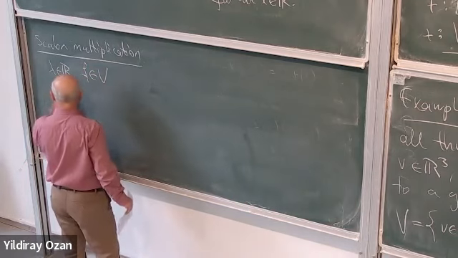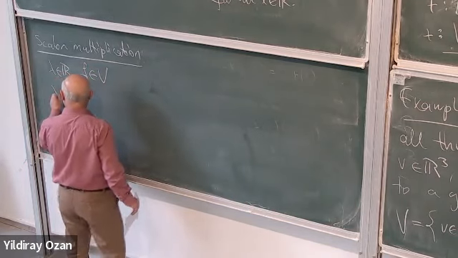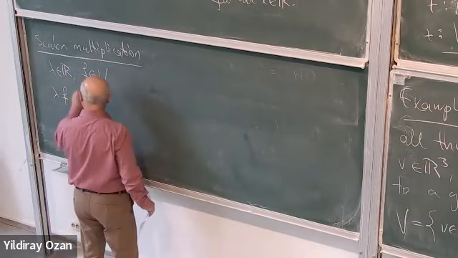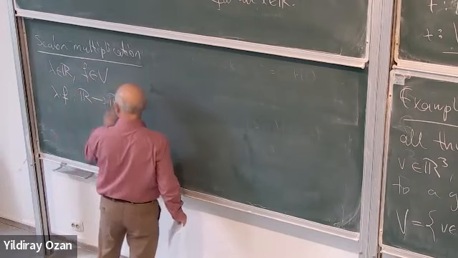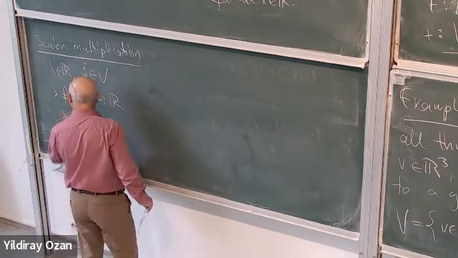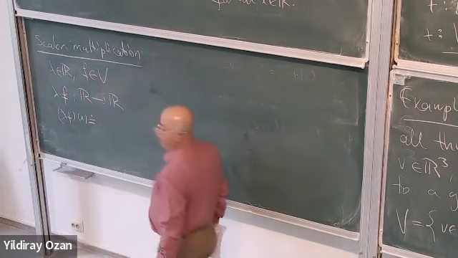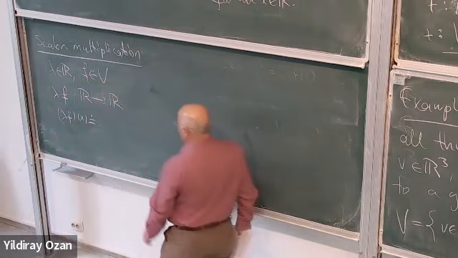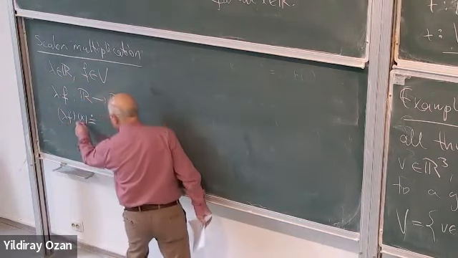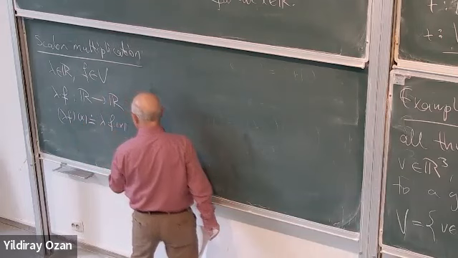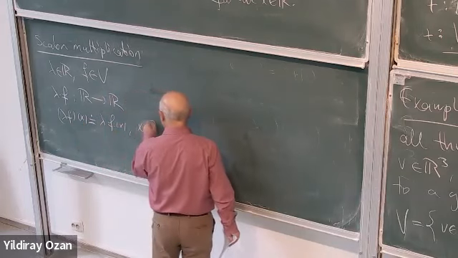So lambda times f is another function. It is a function from R to R, and I have to tell you the value of this function. Now I define the value: lambda times f at x is just lambda times f of x, for all x in R.